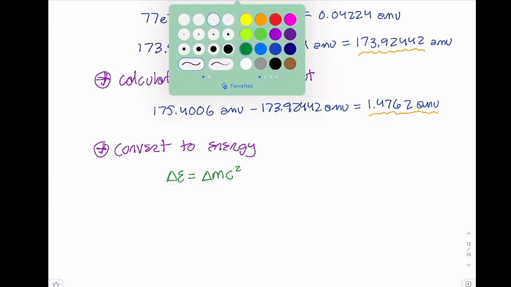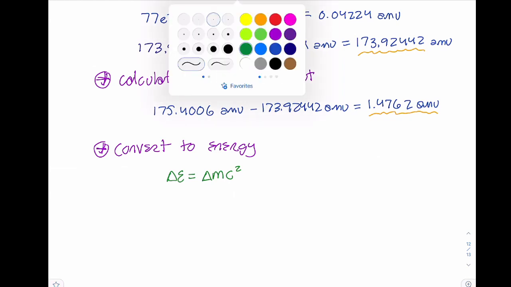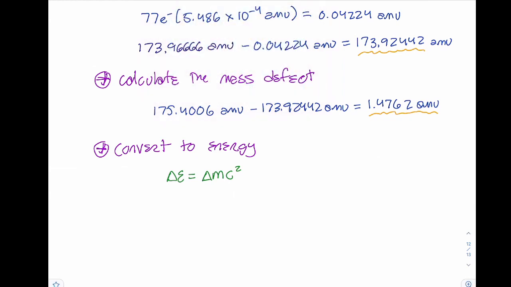So we do know that the speed of light, c, is equal to 2.998 times 10 to the 8th meters per second. And that would be given. You don't need to memorize the speed of light. And then we also need just a couple conversions here.